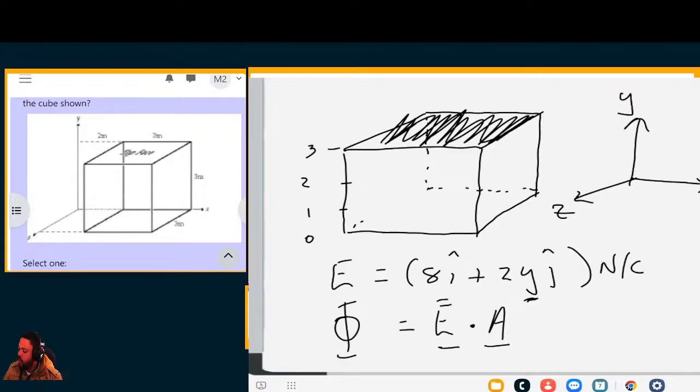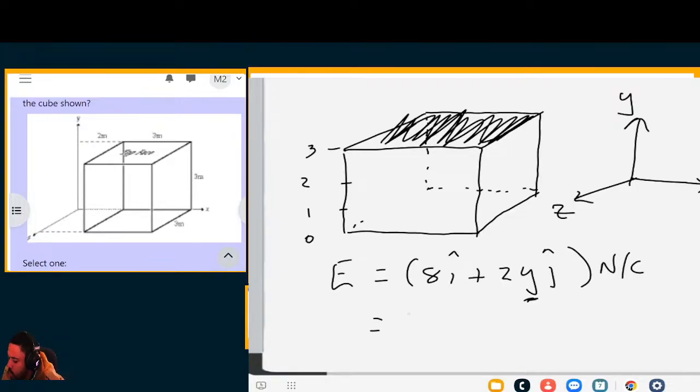Now, let's work out what the electric field is at a certain y. The y in question is equal to 3, because we're looking only at the top surface. If we plug in 3 for the y value, we get the electric field at the top surface. Does everyone understand that? Thumbs up if you understand it, or keep quiet. Okay, Tabiso, Aluto, I see you raising your hands. Cool.